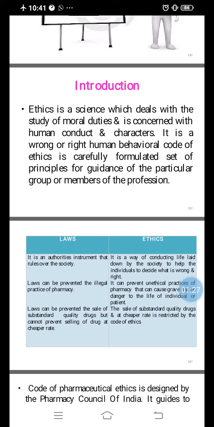Ethics is the science which deals with the study of moral duties, and it is concerned with human conduct and character, what is wrong or right in human behavior. A code of ethics is a carefully formulated set of principles for the guidance of particular groups or members of a profession.